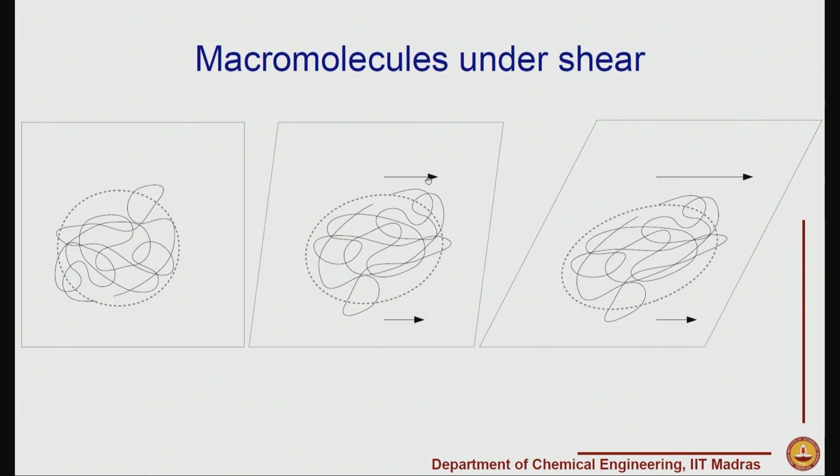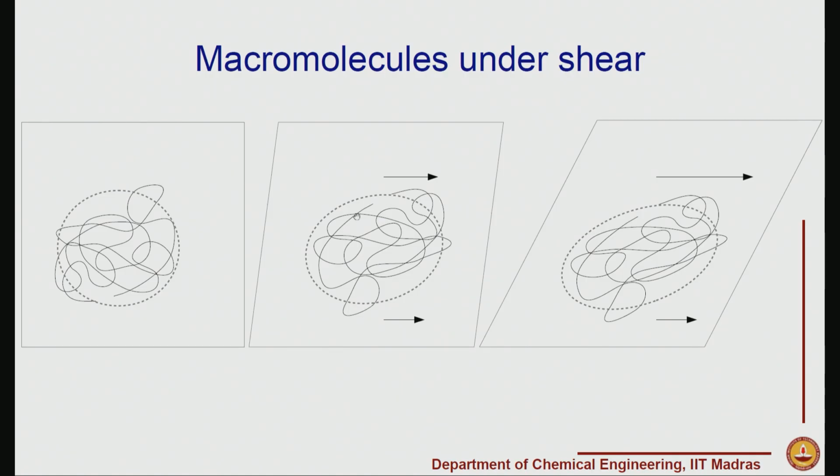What we will see is that the macromolecular portions closer to the top surface will have a higher velocity, and the portions in the lower part will have lower velocity. So, there is a velocity gradient on the scale of the macromolecule, and what we would end up seeing is that the solvent will drag these upper portions a little faster, while the portions here will be dragged at a lower rate.